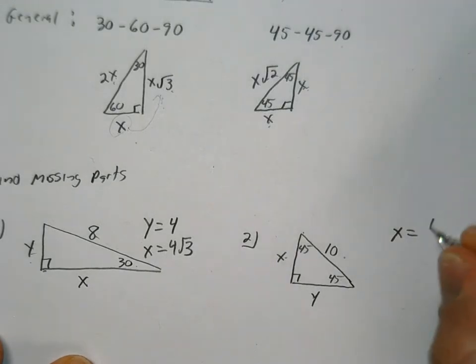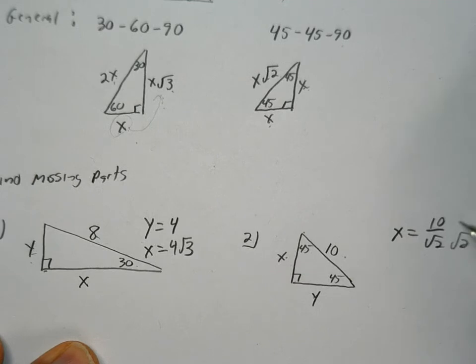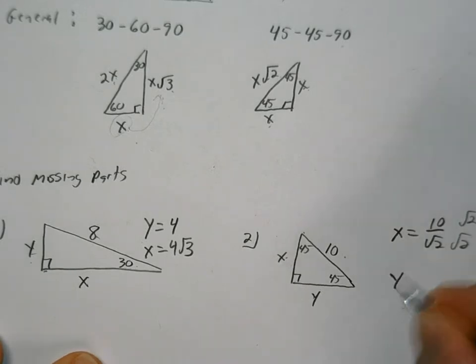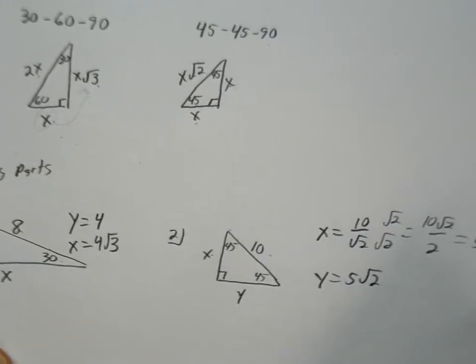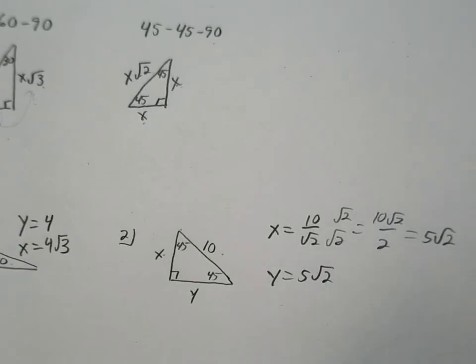So this is going to be 10 over the square root of 2, which we can rationalize and get 10 square root of 2 over 2, which is 5 times the square root of 2. And y is the same thing because they're isosceles triangles. So that's what that one's going to look like.